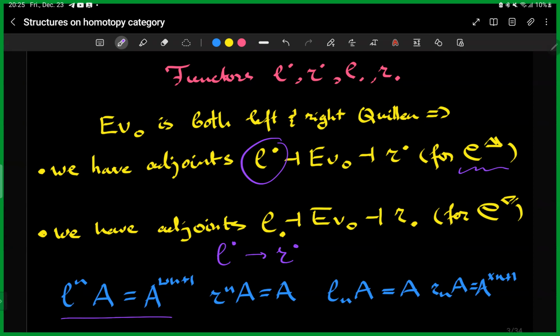Absolutely similarly, the same thing holds for simplicial objects. Here we just map via the diagonal.